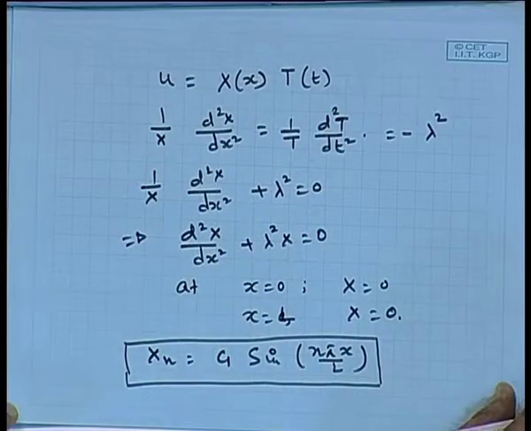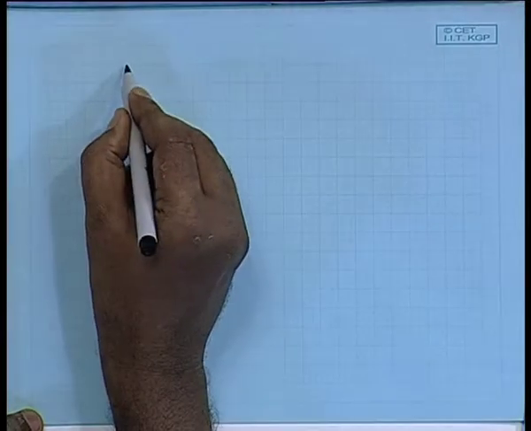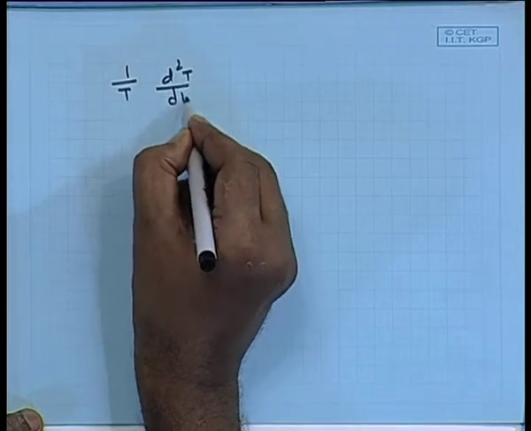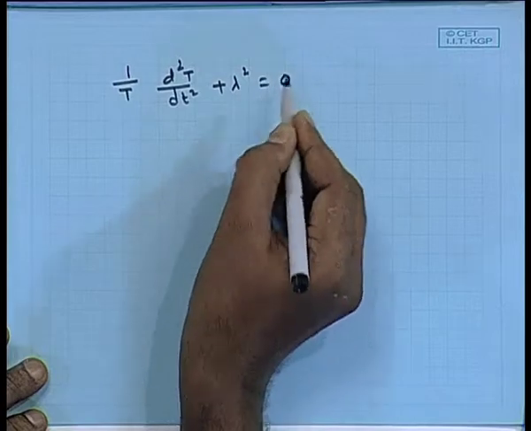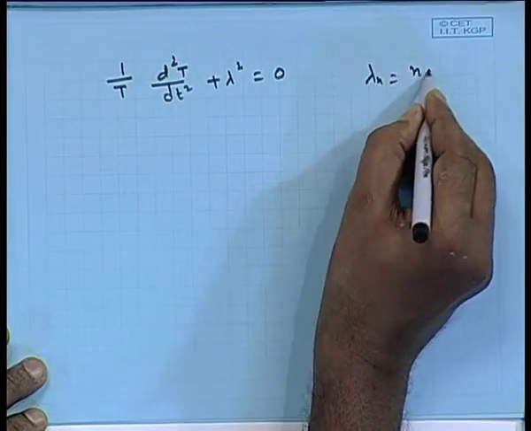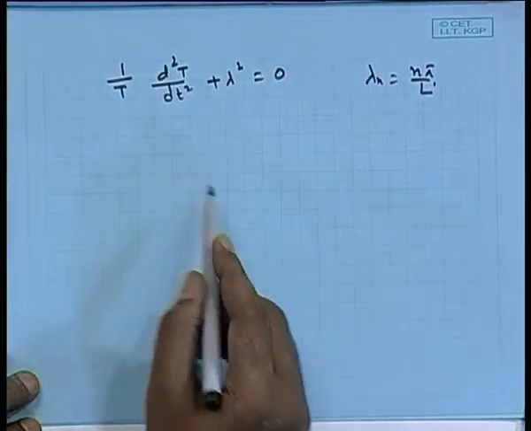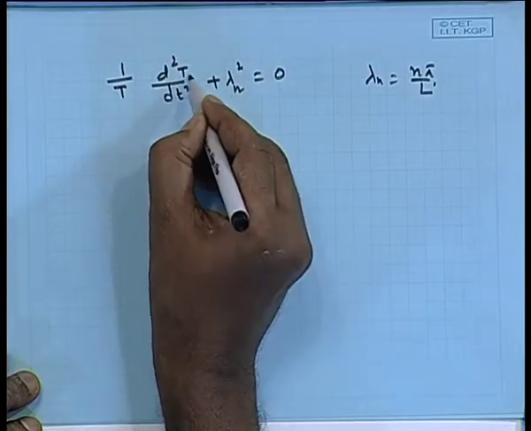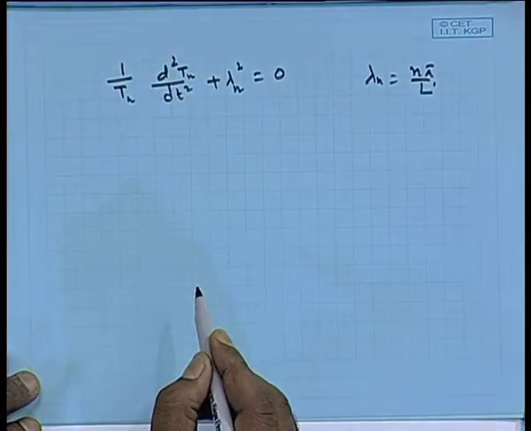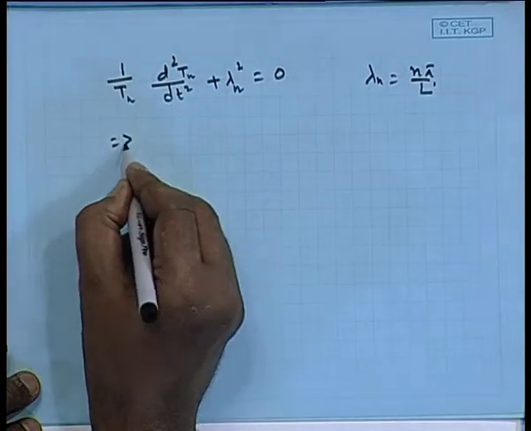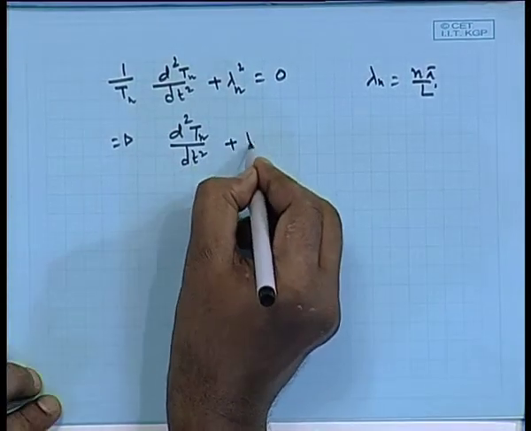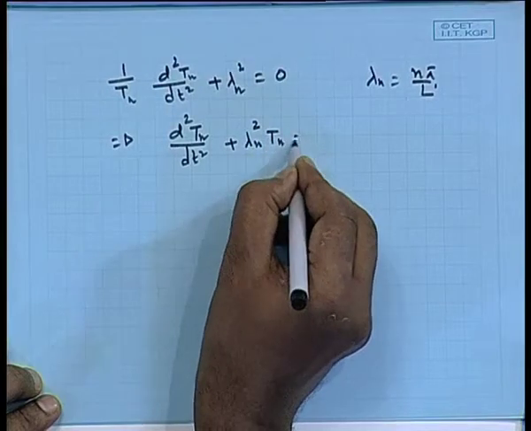Right. Now, let us look into the time dependent part. (1/T) d square T dt square plus lambda square is equal to 0, where lambda n is n pi by L. Okay. So, let us say this T is corresponding to the nth eigenvalue, that is lambda n, T n. d square T n dt square plus lambda n square T n is equal to 0.